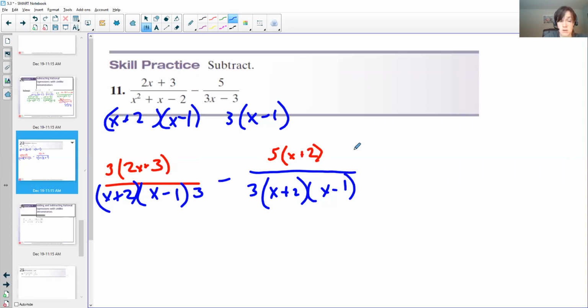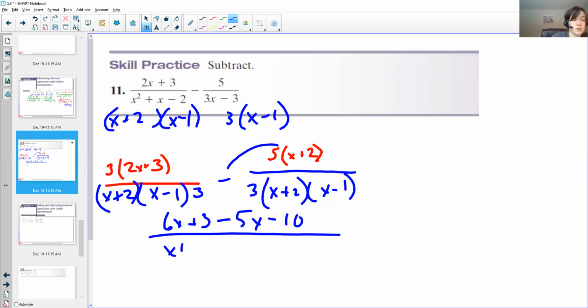So this becomes 6x plus 3 minus 5x minus 10, all over x plus 2, x minus 1 times 3 again.